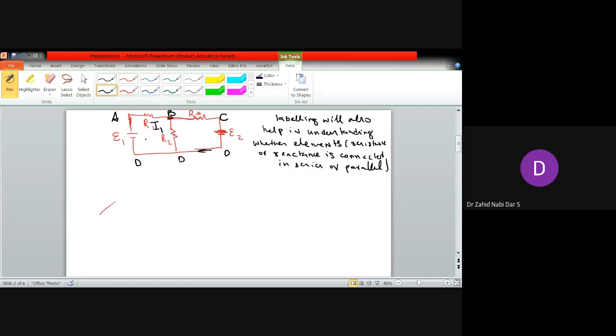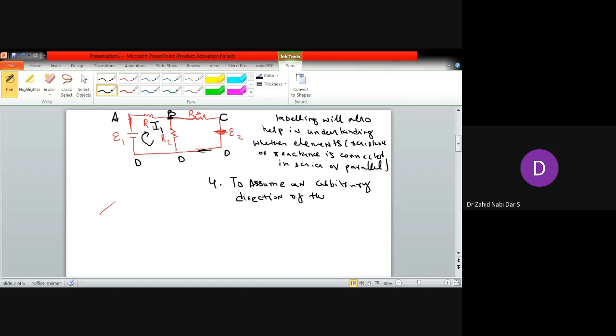So now we have to apply here. The step number four would be to assume an arbitrary direction of the current. Arbitrary means you are pre-assuming.